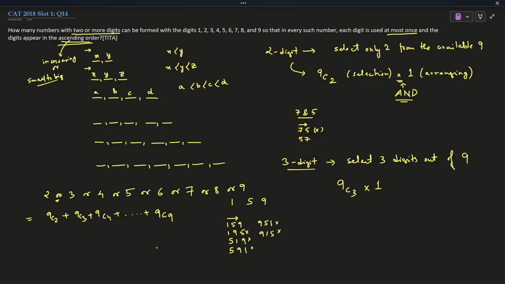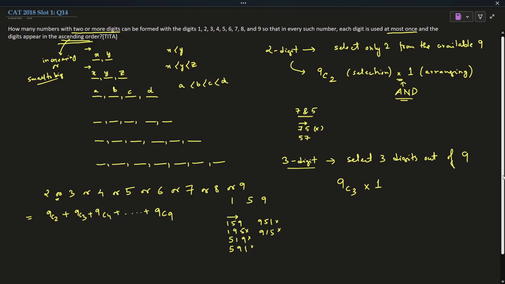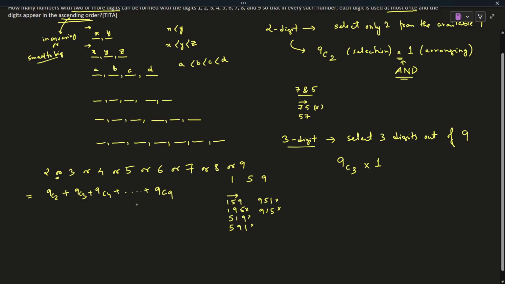Now either you can manually calculate this, or if you know the binomial expansion, you can solve this in a much faster way. nC0 plus nC1 plus nC2 plus dot dot dot plus nCn is equal to 2 to the power of n, guys.